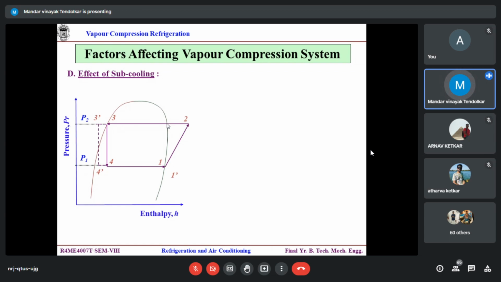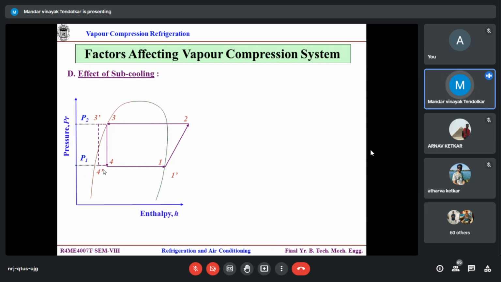The difference between 1 dash and 2 dash are not the same. They are not parallel lines. Fine. So this is also a method which cannot assure 100% that superheating will increase the COP. It may not. Anything can happen.